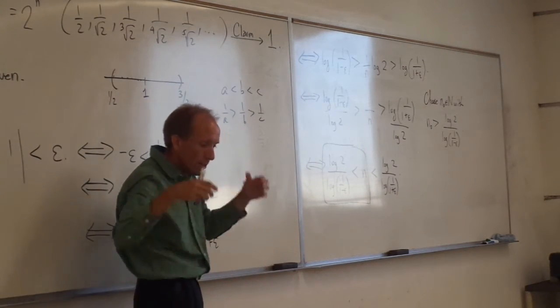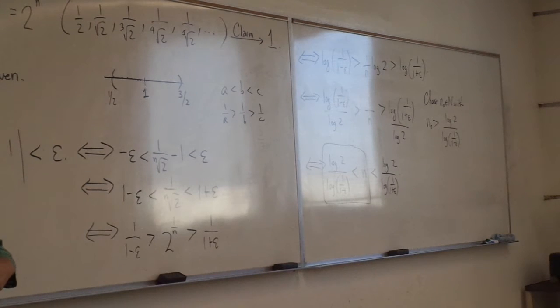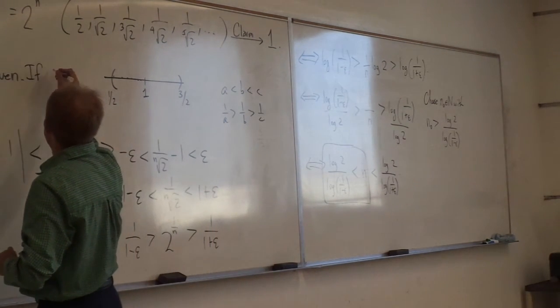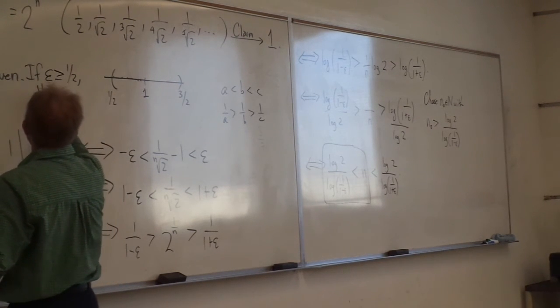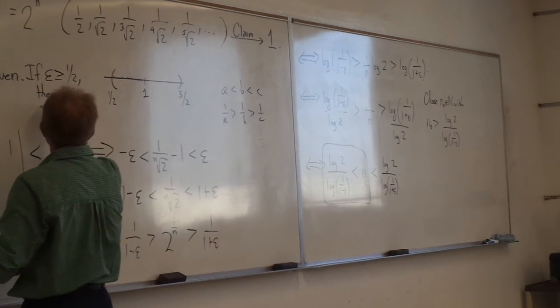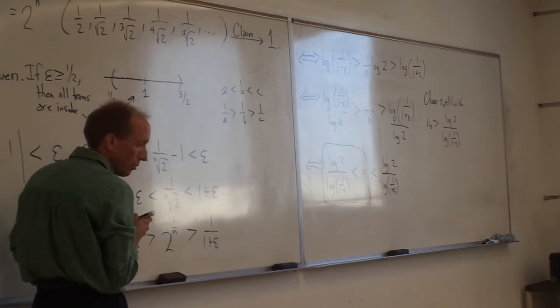So if epsilon is big, then we've got no problems. So you could actually almost do it in 2 cases. If epsilon is at least a half, then all terms are inside that interval, basically.